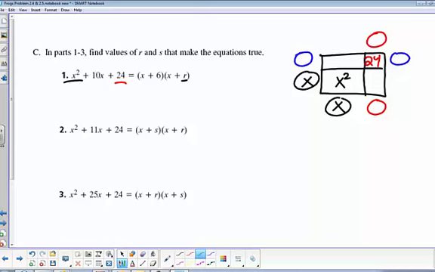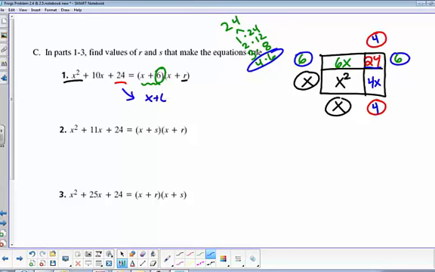And we know that one of the dimensions is already given as 6 because 24 has a lot of different multiples. 1 and 24, 2 and 12, 3 and 8, and 4 and 6. 6 is already one of them. Doesn't matter if it's in the blue or the red. This now tells me that this is 6x. So since the one is 6, this would have to be 4 because 6 times 4 is what gives 24, which means this box is 4x. So this factors into x plus 6, which we already have, x plus 4. Our r value is 4.